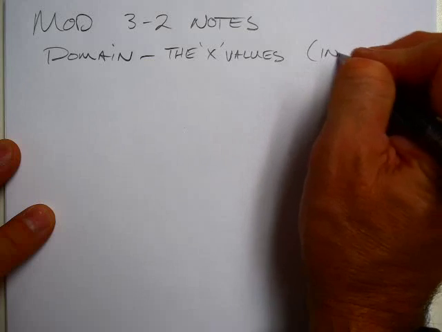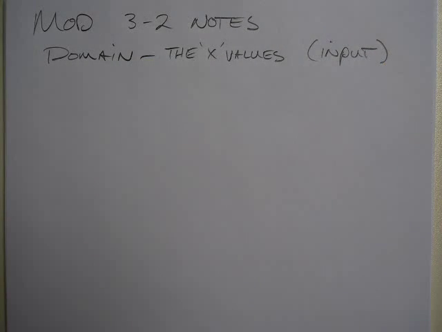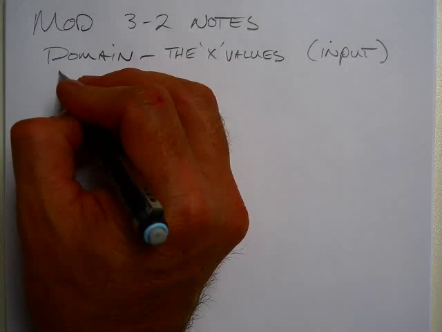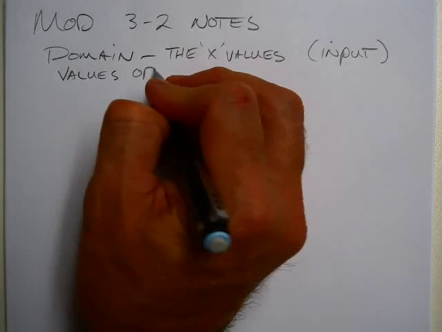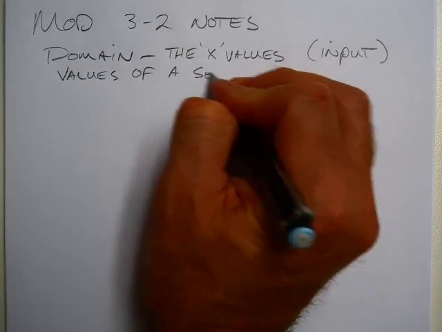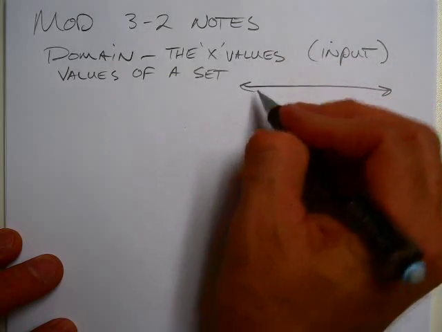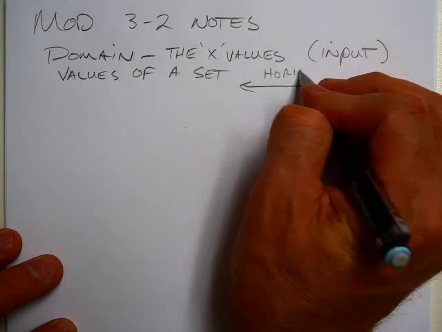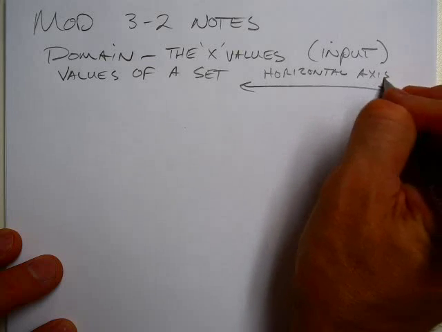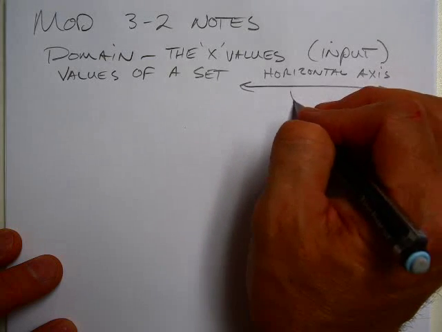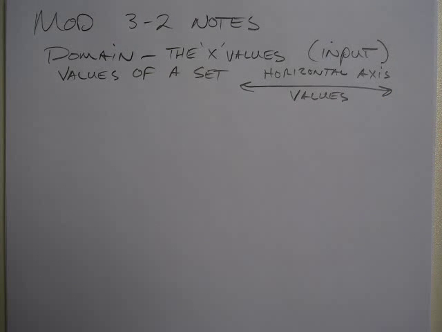They're the input values of a set. They're the horizontal values.